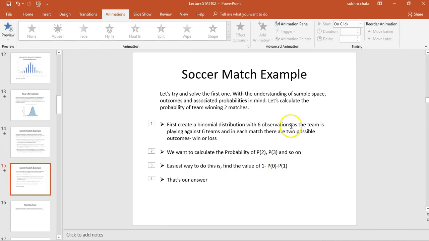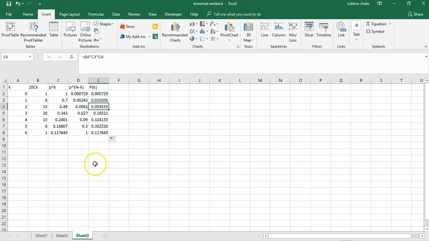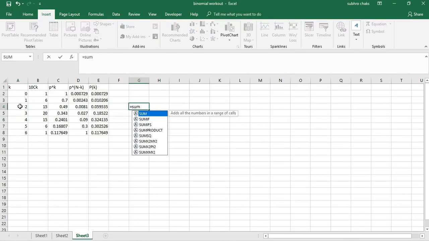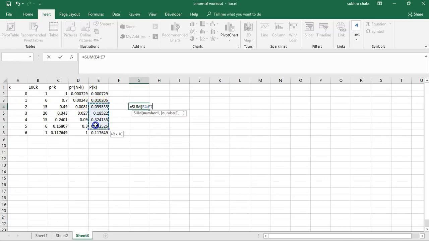So what was our question? Our question was the probability of the team winning at least 2 matches. So the team can win 2, 3, 4, 5 or 6 matches. So the probability is basically the sum of 2, 3, 4, 5 and 6. So this is the sum.